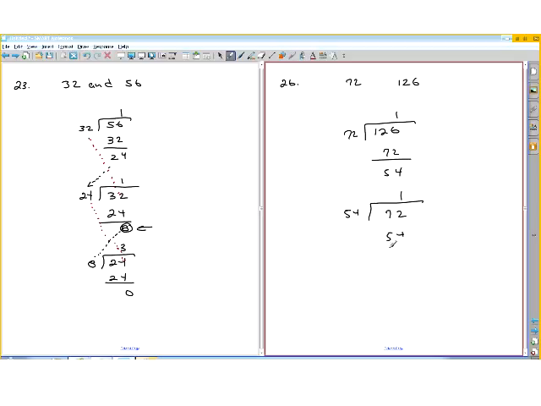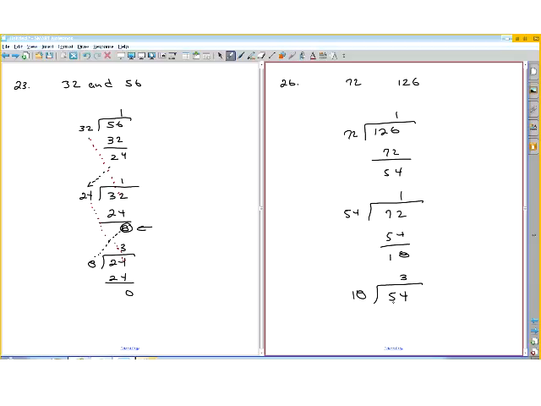Again, it goes in 1 time. 1 times 54 is 54. 12 minus 4 is 8. You borrowed 1, so we have 18 left. Okay, now this goes down here, 18. This comes down there, you get 54. So how many times can 18 go into 54? 3 times, I guess.